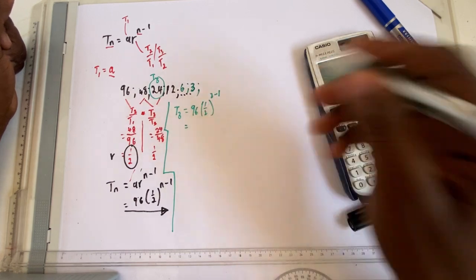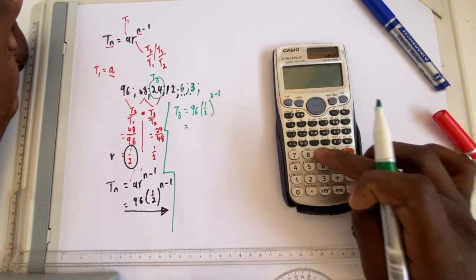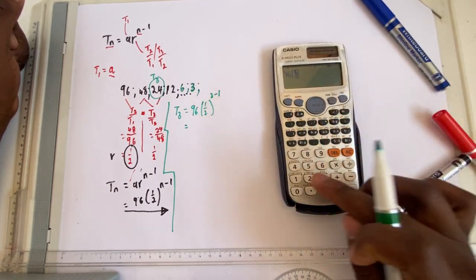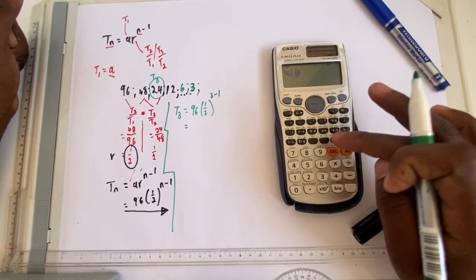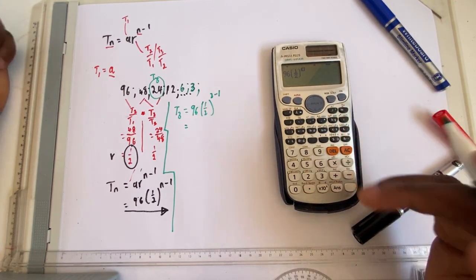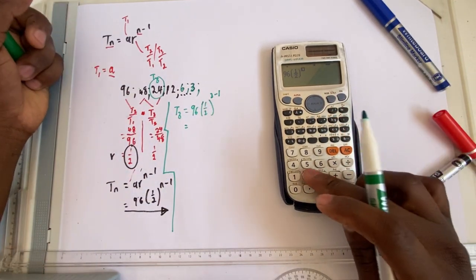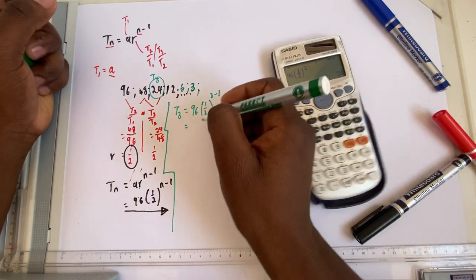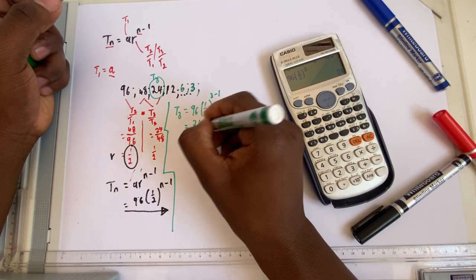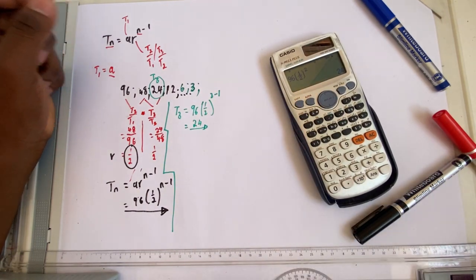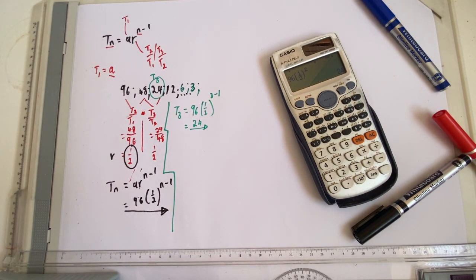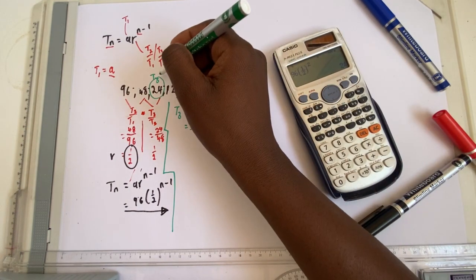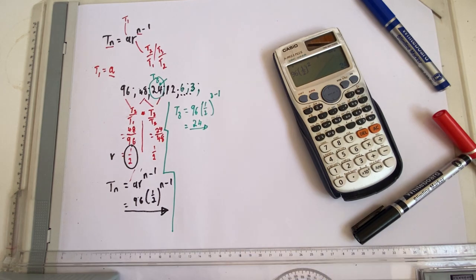Then, if you put this whole thing inside the calculator, 96, open bracket, 1 over 2, close, to the power 3 minus 1, which is the power 2, what do I get? 24. So that is the value that is seated at position number 3, and indeed, it is 24.